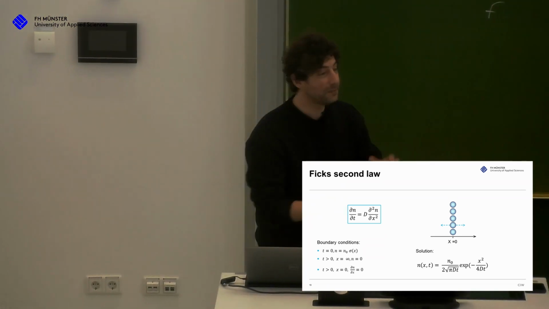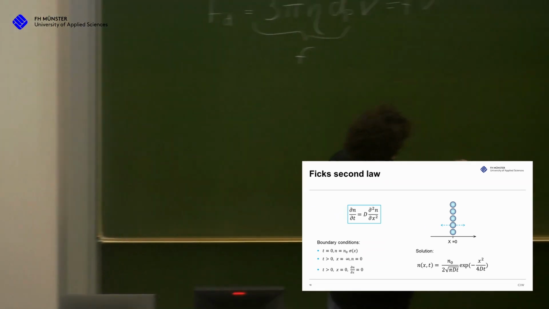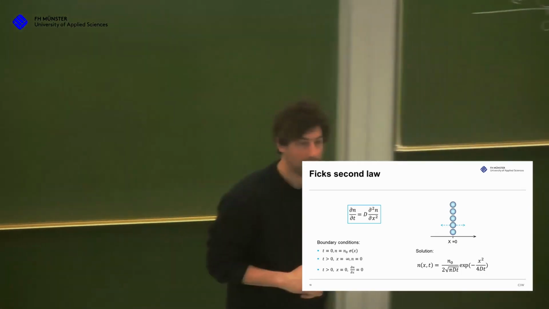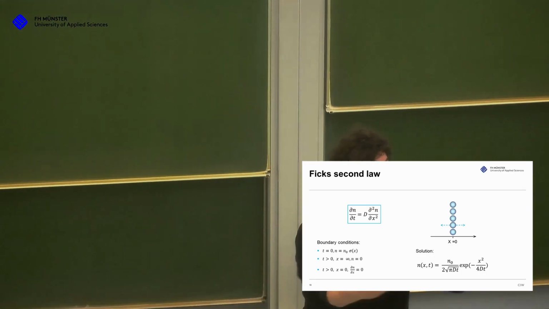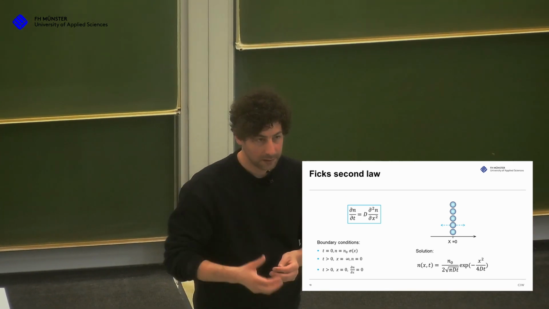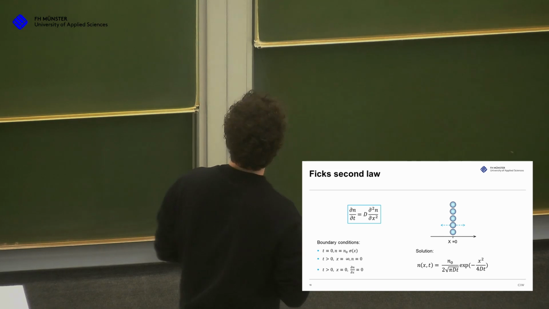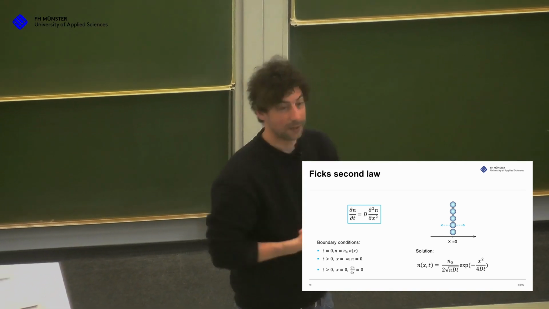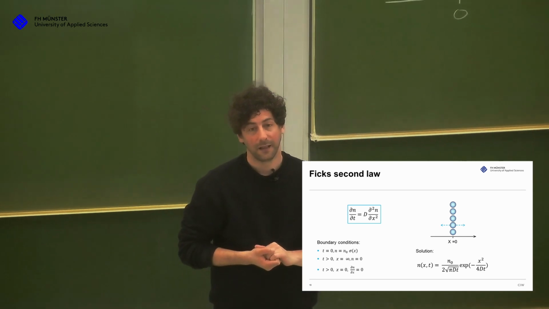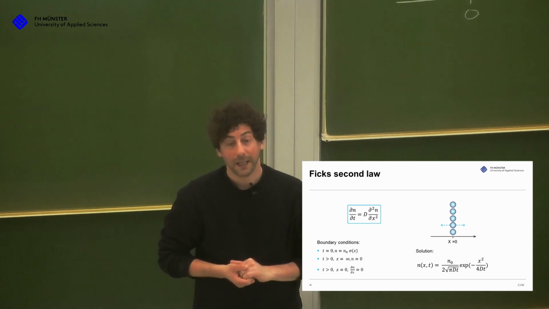The question is, what is the meaning of the boundary conditions? What is the meaning of the first boundary condition? I mean, I can give them to you and say, here's the boundary condition, this is the solution, but tell me what is the meaning of the boundary condition? Exactly.